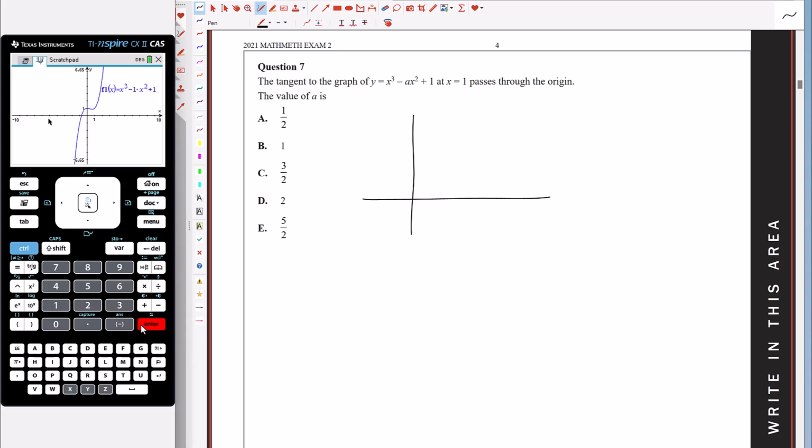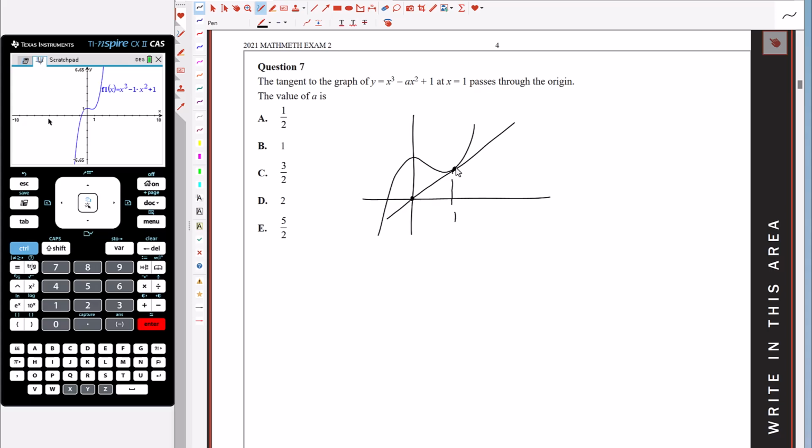Okay, so let's say we have something like that. And we're saying that the tangent at x equals 1 passes through the origin. It's at x equals 1, and it goes through the origin.